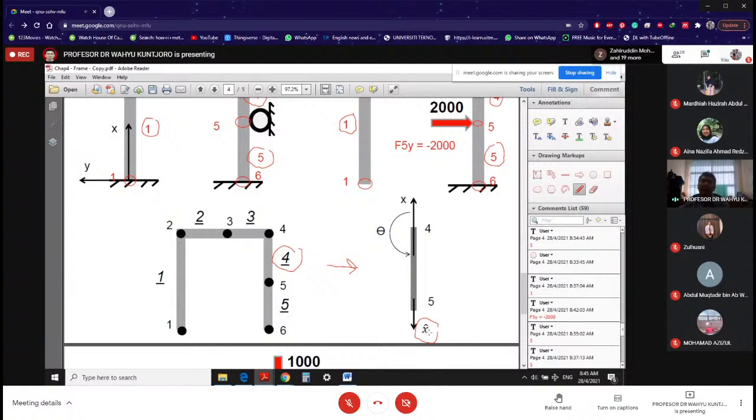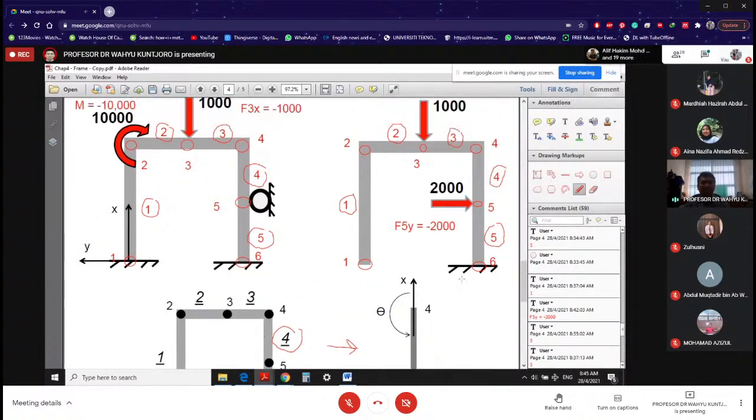Then, of course, theta is going to be measured from positive X global to positive X local, counterclockwise. So that's the reason why we have our theta. Now if I'm talking about node 2 to node 3, this is node 2, this is node 3.